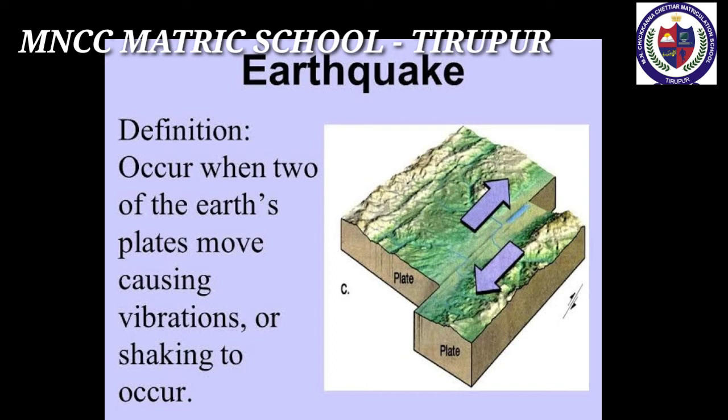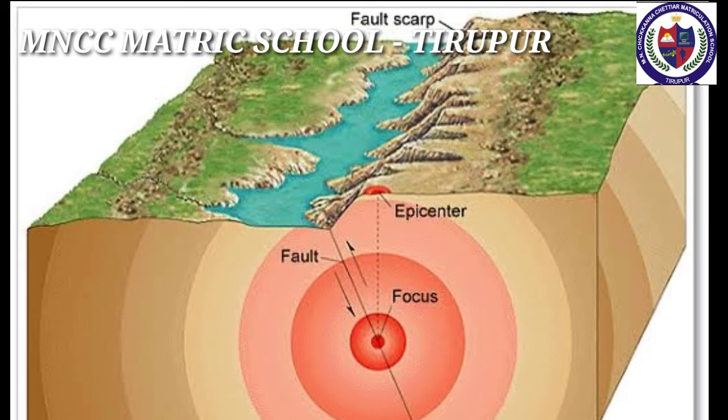Sometimes the surface of the earth itself cracks. Another cause of earthquake is volcanic activity. The point where these vibrations originate is called the focus of the earthquake. The point of the earth's surface directly above the focus is called the epicenter.